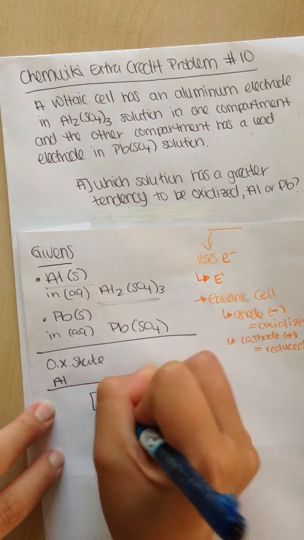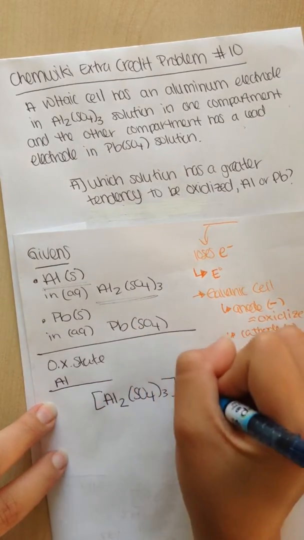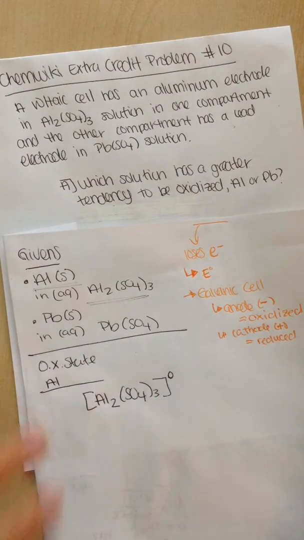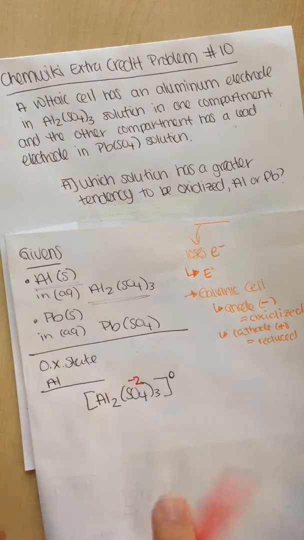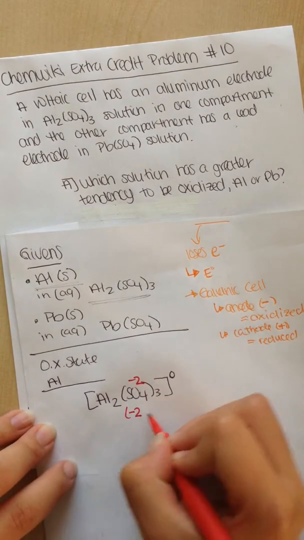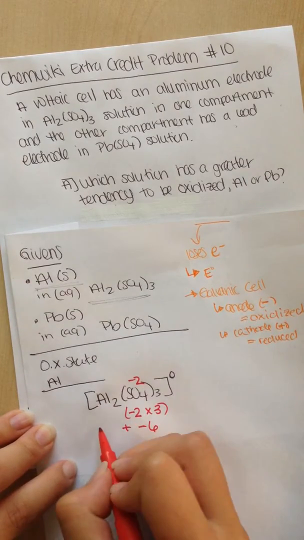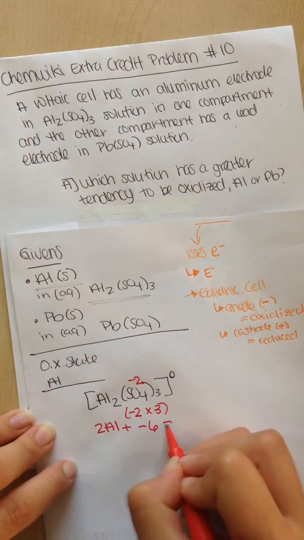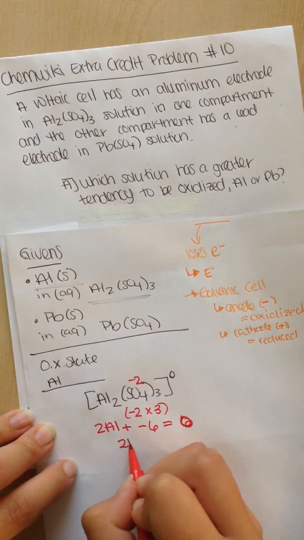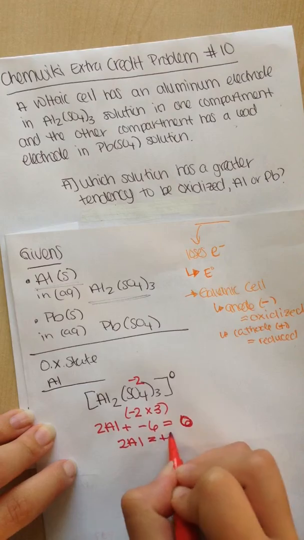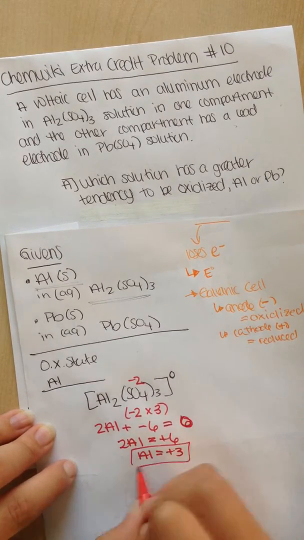So Al2(SO4)3 has an overall charge of 0, and we know that sulfate has a -2 charge. So it has a -2 charge times 3 of those, -6. And we have 2 aluminums. Oops, sorry, that was supposed to be 0. So the aluminum has a +3 charge.